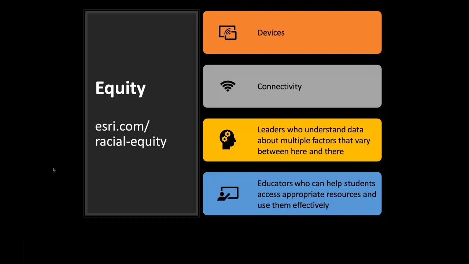So to solve the problem, they really need to have these geographic understandings. You also need to have educators who can help students get access to the right resources and use them effectively. So there are a lot of ways in which equity is going to vary from one part of the community to another, and that's a big challenge.